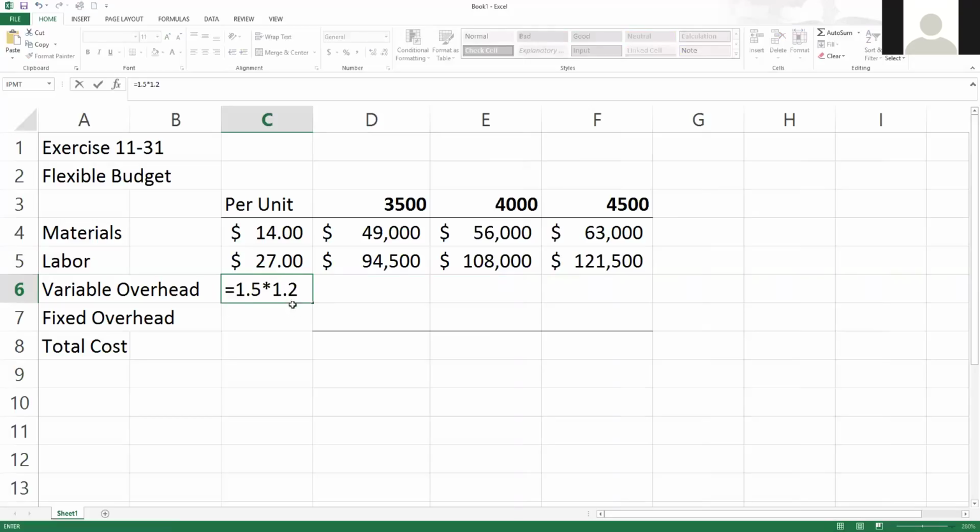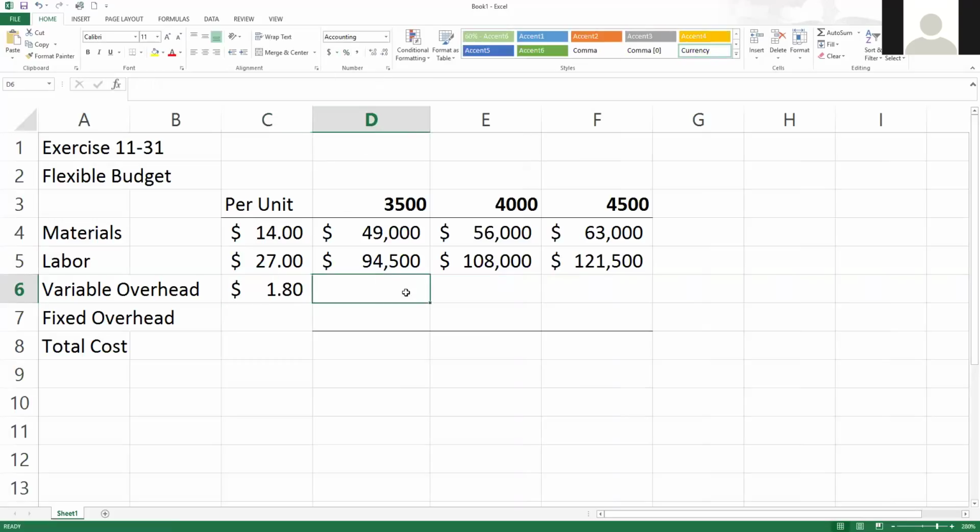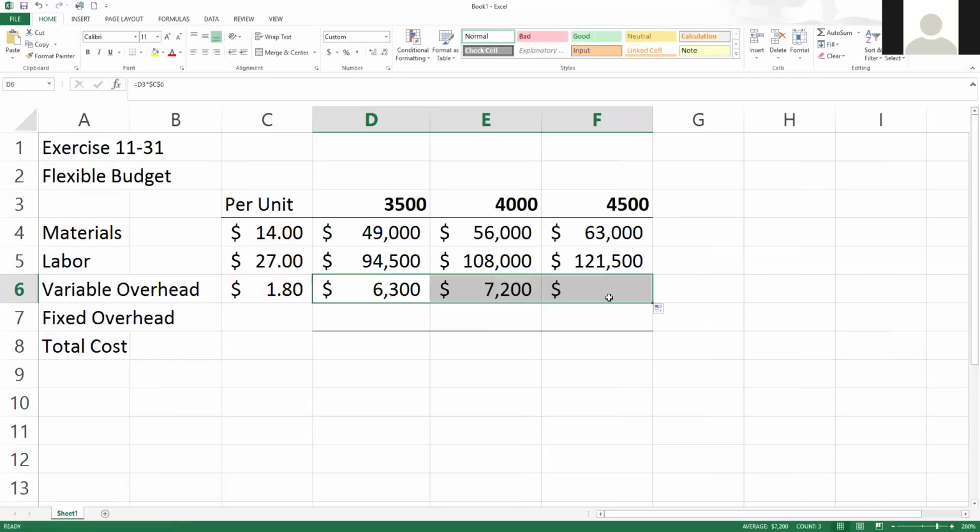So this is not going to be a huge amount. It's going to be $1.80 in variable overhead for every product that we make. And we'll stretch that across. So far, pretty mundane.